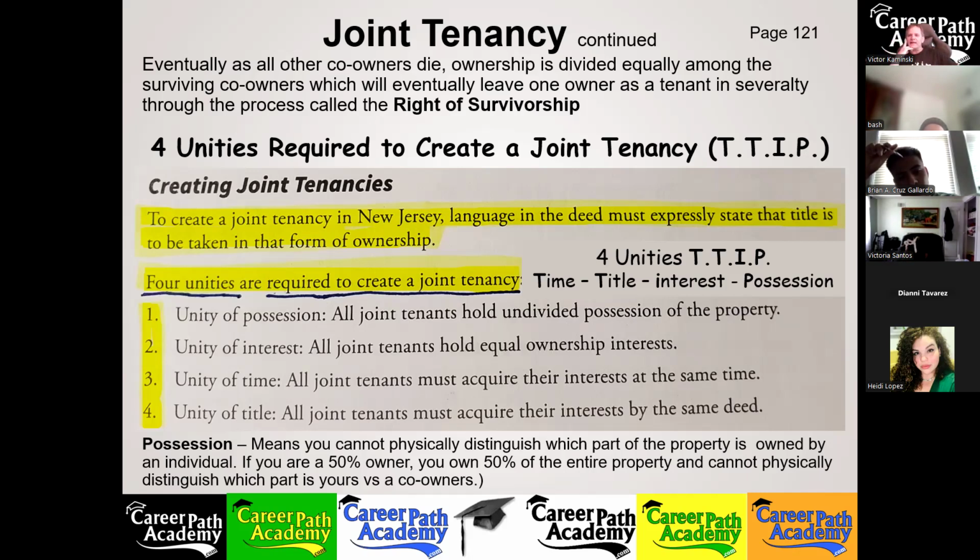Because joint tenants are still free to sell their ownership interest without the other's consent. But then in that case, what would that do to the joint tenancy? I'm going to show you pictures. I'm a visual person. Many people are. So I'm going to show you through imagery how to explain this.